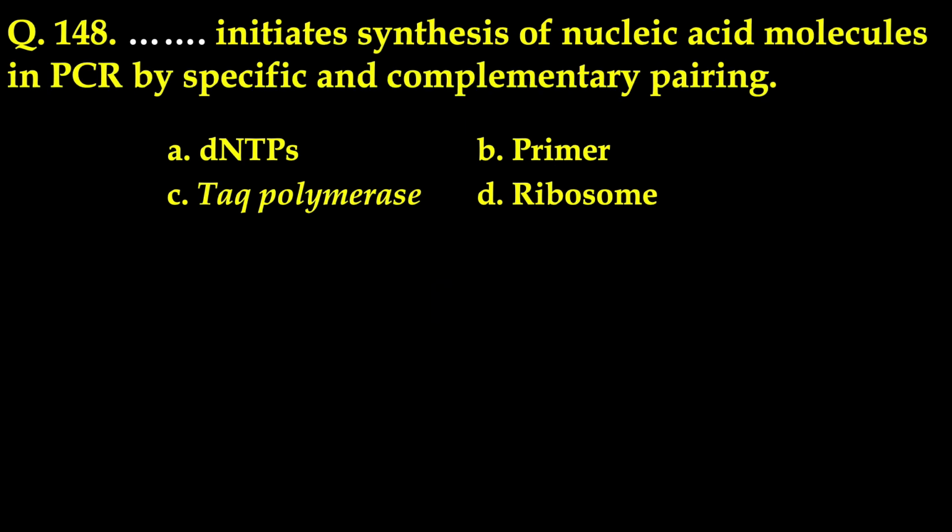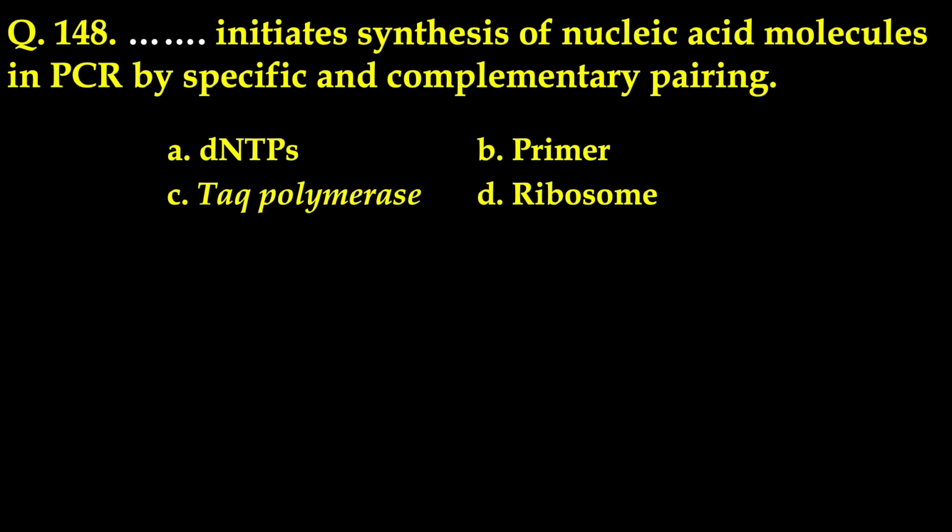Next question is on dash initiates synthesis of nucleic acid molecule in PCR by specific and complementary pairing. There are 4 options. Before answering the question, let us understand the meaning and use of all the options. First option is dNTP, means deoxyribonucleotide triphosphate.